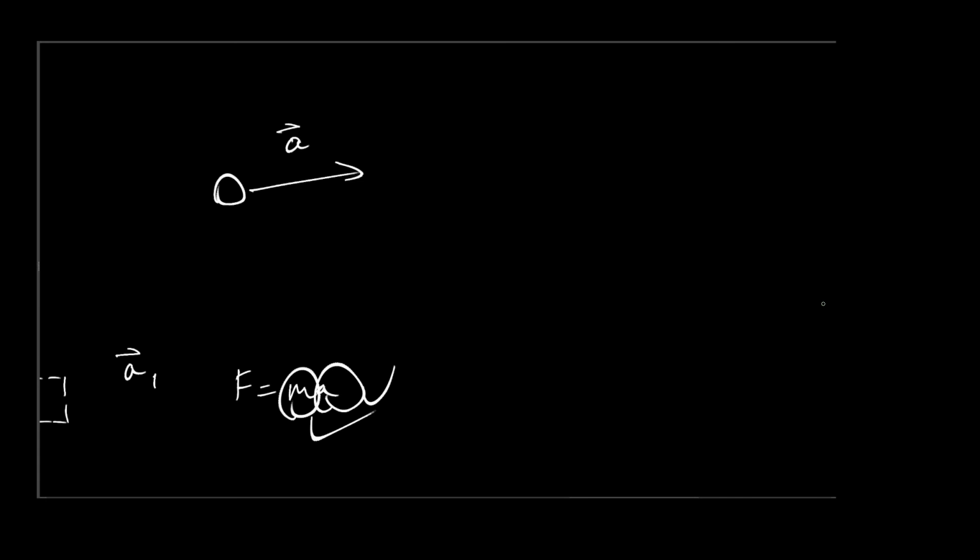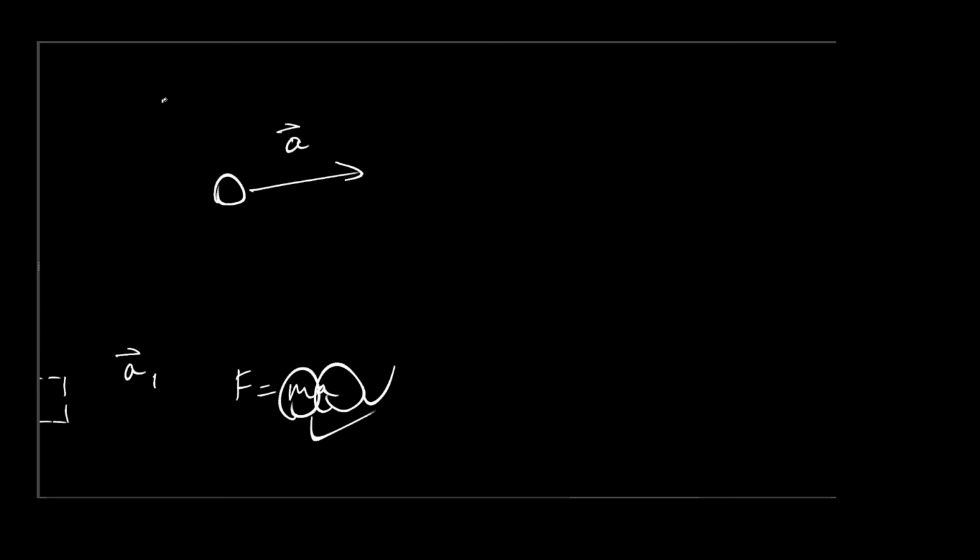Whatever, we're only considering the one dimension right now. So I have some object with acceleration a, and now I can figure out the force that is acting upon that object through this amazing equation of F equals ma.